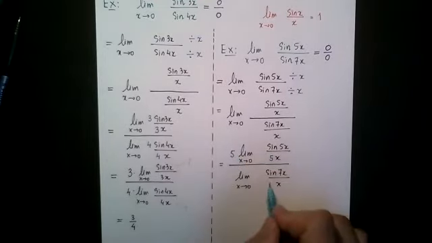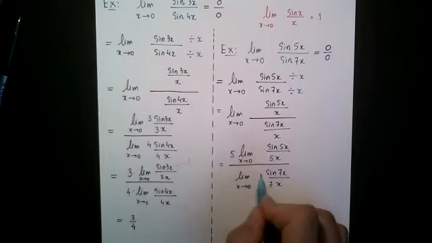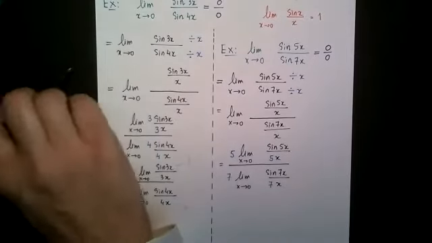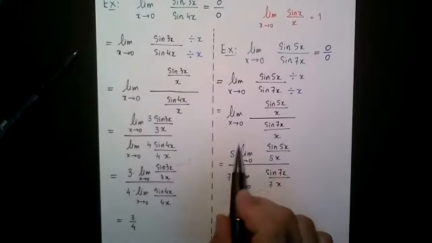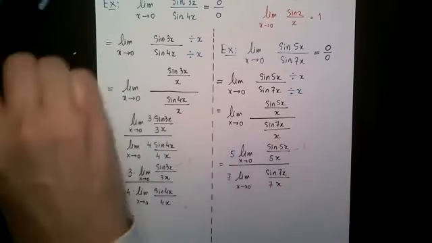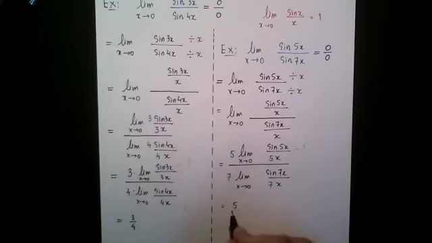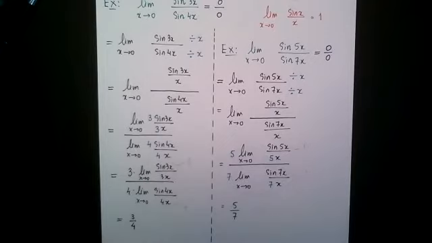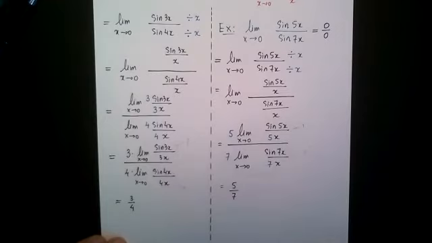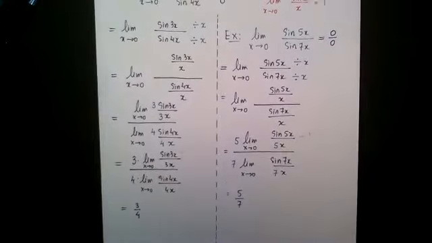Same thing here, times 7 divided by 7, so I'll take the 7 outside of the limit right away. Now this limit is 1, we know, and this limit is also 1, we know. So my answer is 5 over 7, like we all got, pretty much. Okay, any questions? Okay, let's move on to something a bit more complicated. Let's try one right away.